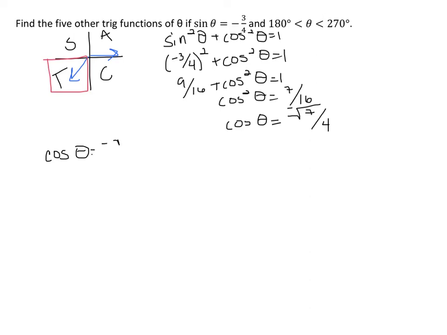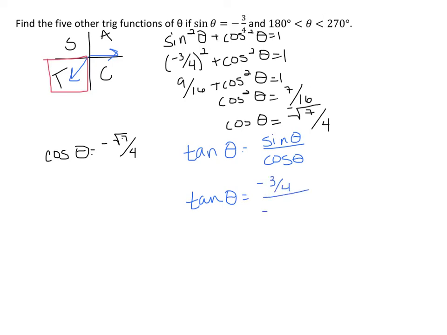So I can write down that the cosine of theta is -√7/4. Now I can use my quotient identities to say that the tangent is equal to the sine of theta over the cosine of theta. So that's negative 3/4 divided by negative square root of 7/4.